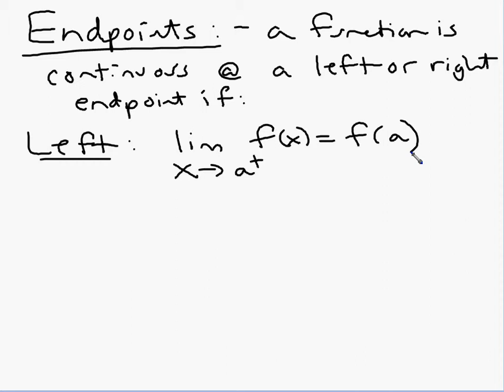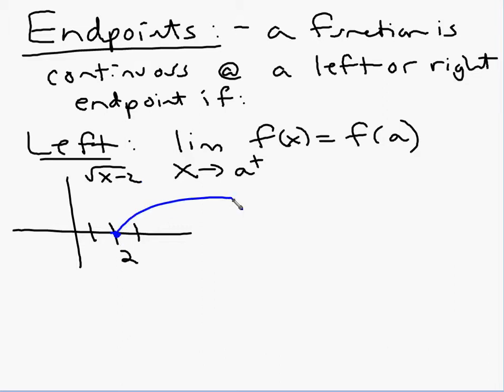And let's just do a quickie example here so that you're not swimming in all of the words I'm giving to you. How about our old friend, the square root function? This was the one I talked about the other day. Let's say that we had the square root of x minus 2. So that would be here, like that. Is this function continuous at 2, according to this definition? It is, right?